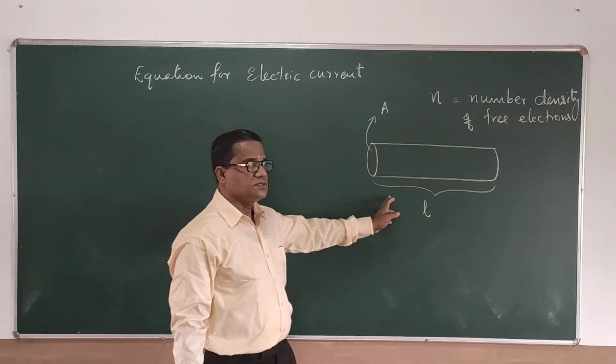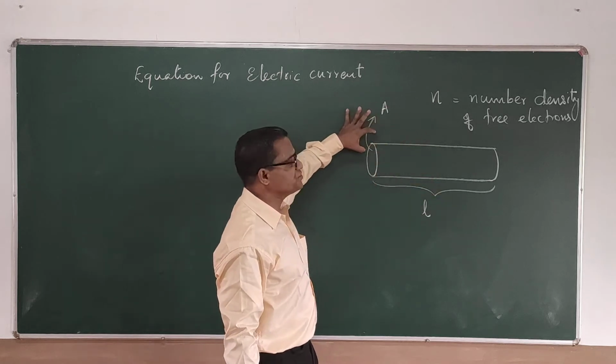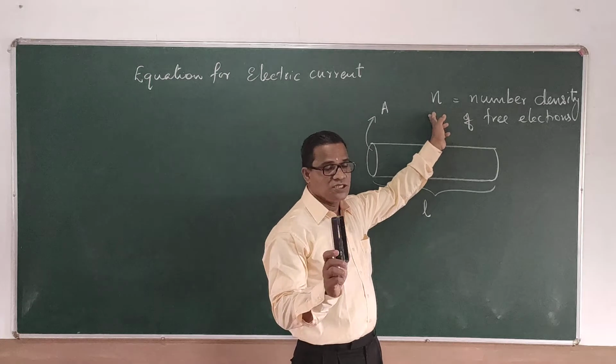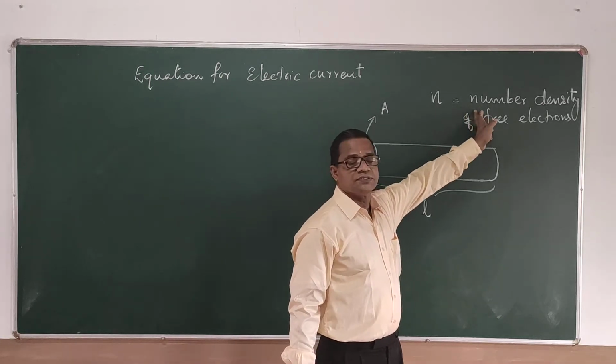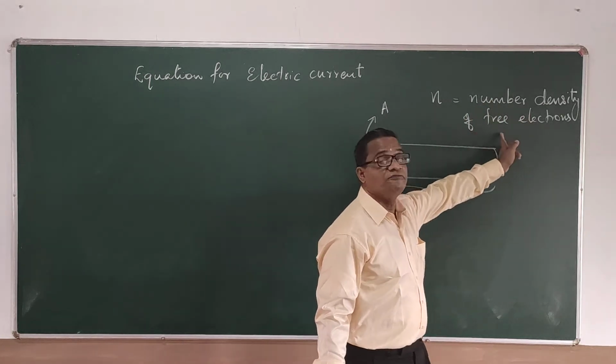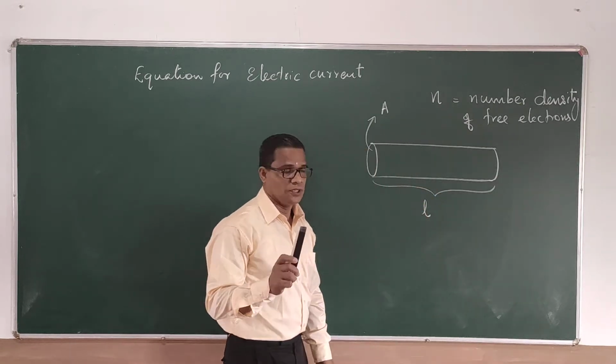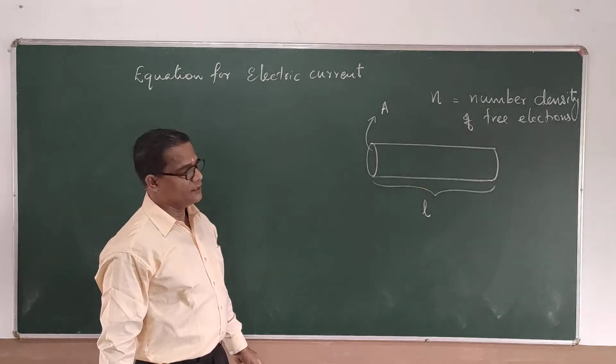The length is L, area of cross section A, and small n, specifically small n, shows the number density of free electrons. Number density means number per volume of the material.